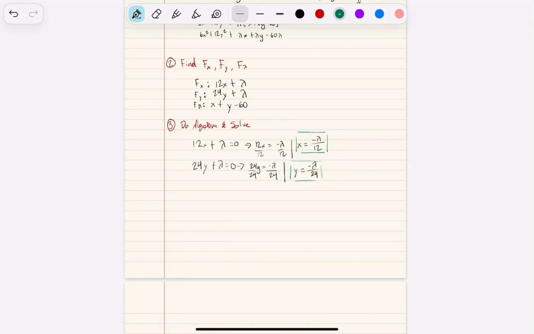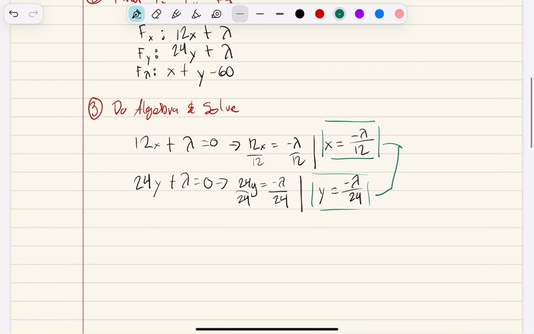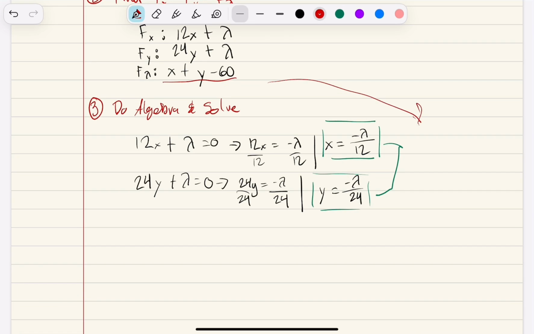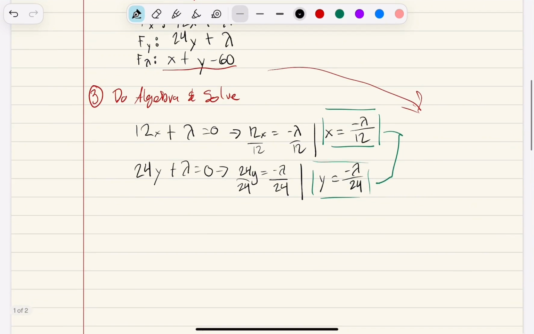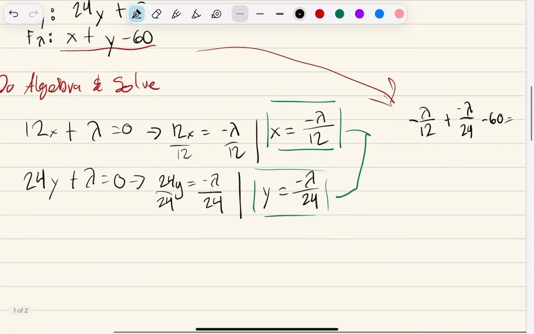And now we plug these two into this formula. So we bring that over here. We have negative lambda over 12 plus negative lambda over 24 minus 16. We have to get the lambdas alone.